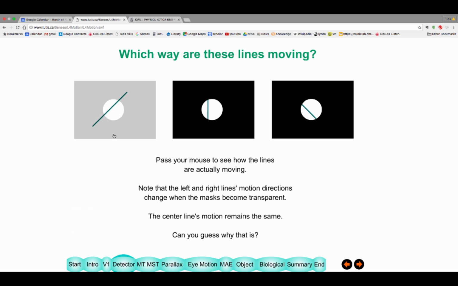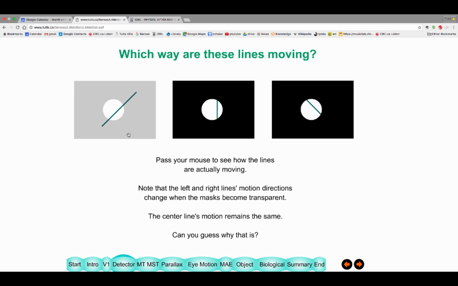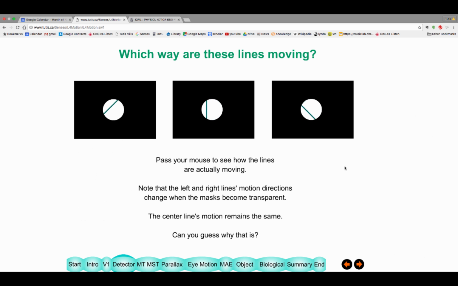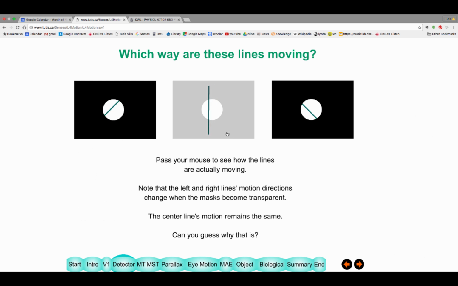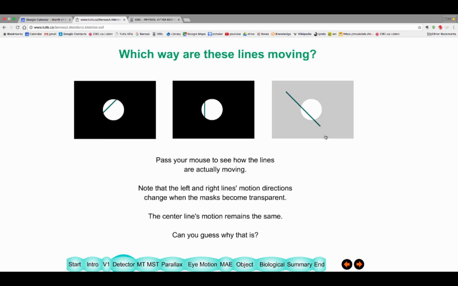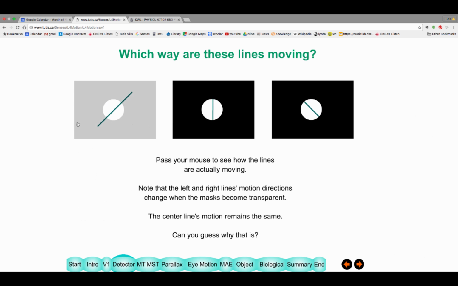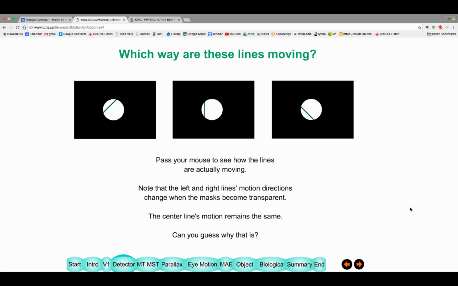So if you see the whole thing, you can see that this line is not moving this way, but actually moving this way. This line isn't actually moving that way. This line is actually moving that way. And this line is not moving up, but it's moving again. So all these three lines are actually moving in the same direction. And yet when we see them only through the aperture, we see them moving in different directions.